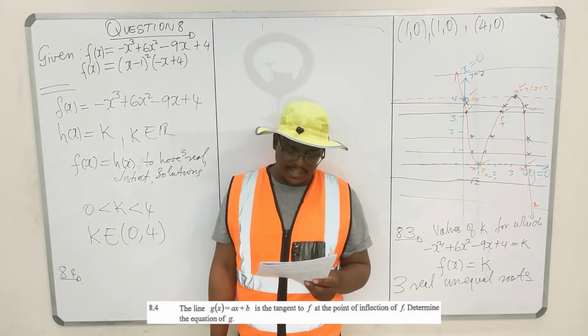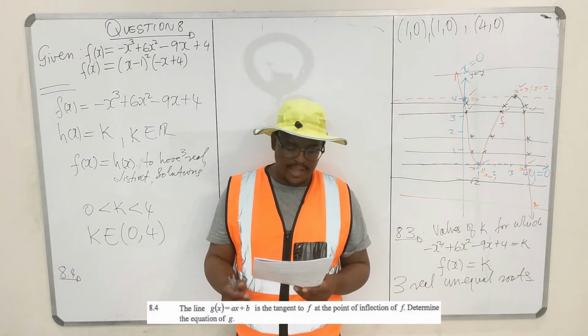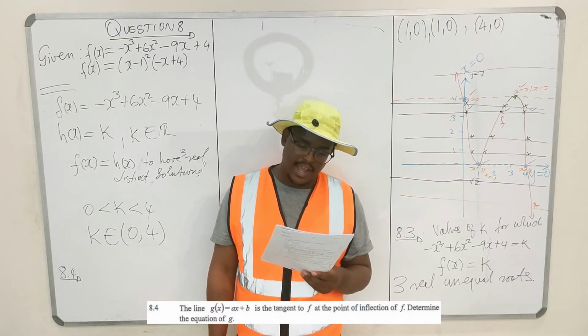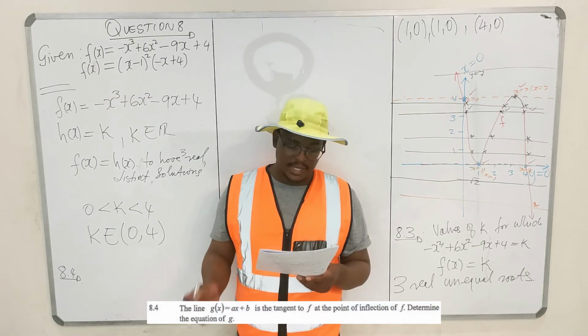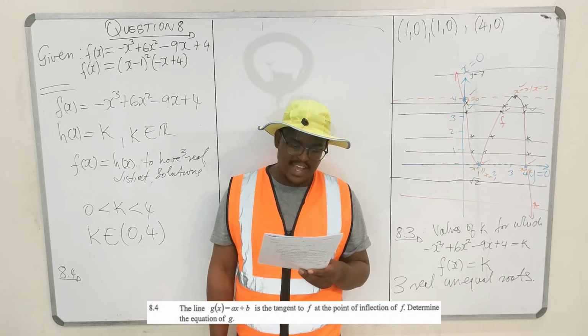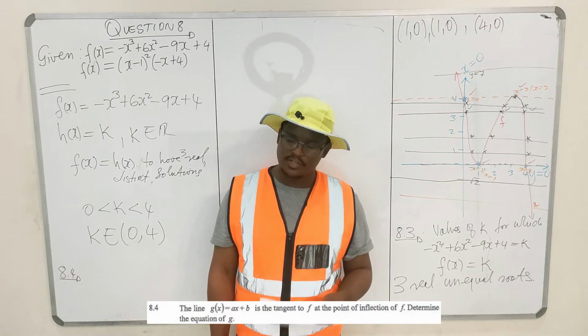The line g of x equal to ax plus b is a tangent to f at a point of inflection of f. Determine the equation of g. Let me read this again. 8.4. The line g of x equal to ax plus b is a tangent to f at the point of inflection of f. Right? Determine the equation of g.